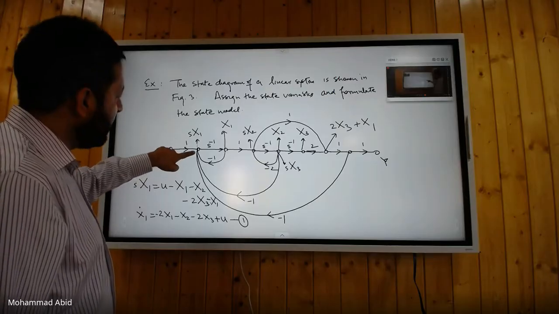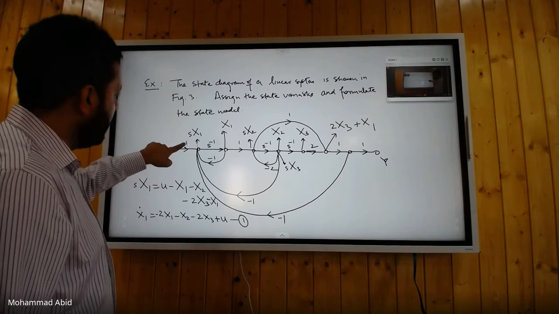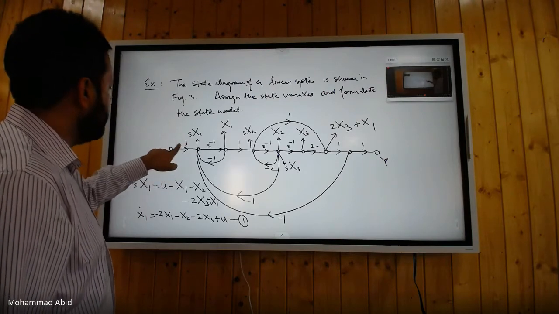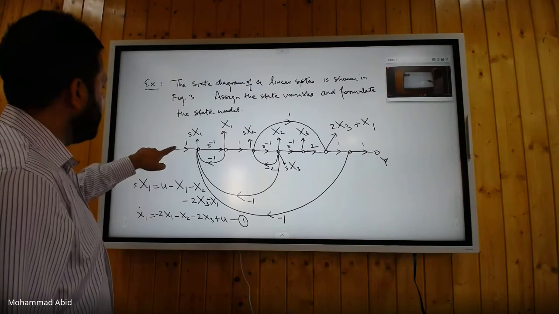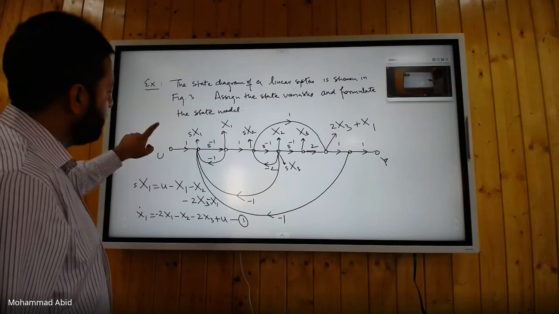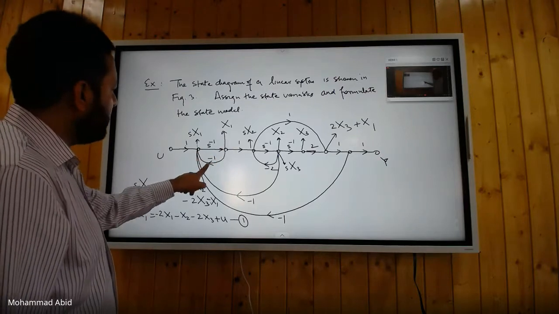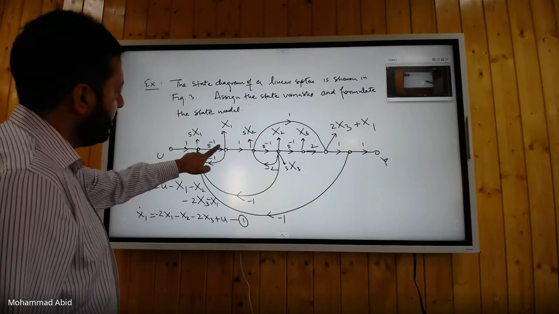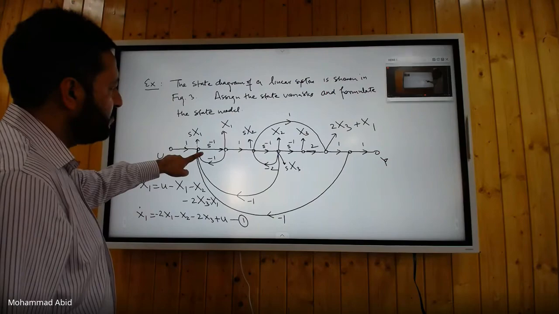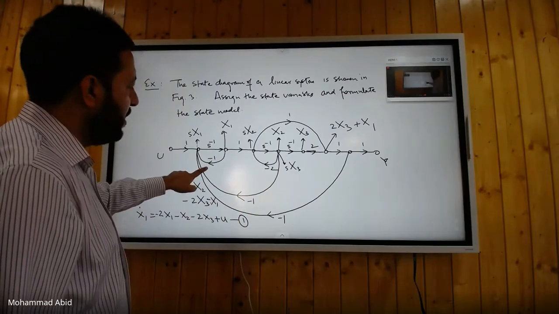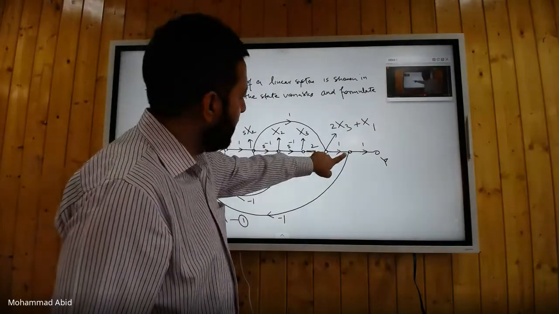Last semester you had done signal flow graphs. So let us see how many signals enter. One signal comes from u through the block whose transmittance is 1, so this will be u into 1, that is u. Then from x1 another signal comes through -1, so this is x1 into -1. One more signal comes from x2, that is x2 into -1.